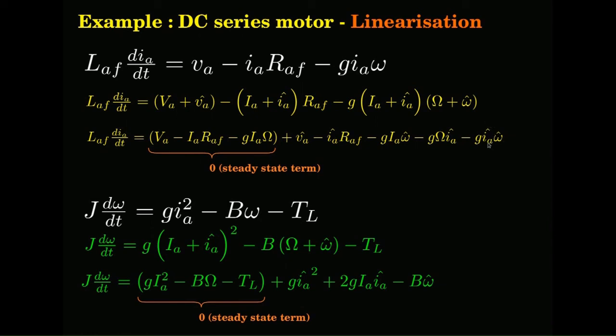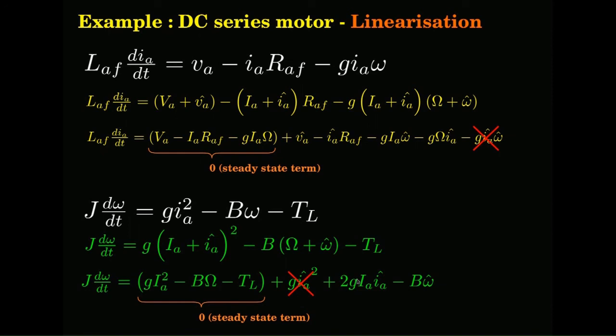What is this? This is a second order small signal. A small signal itself is a very small quantity. A second order small signal is still smaller, so we can remove that. It's an approximation that you take only up to the first order, as we saw in the Taylor series expansion.